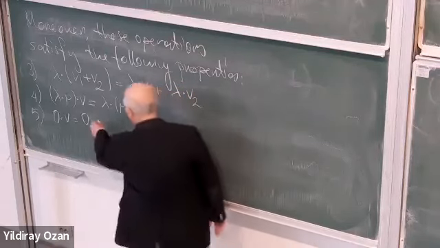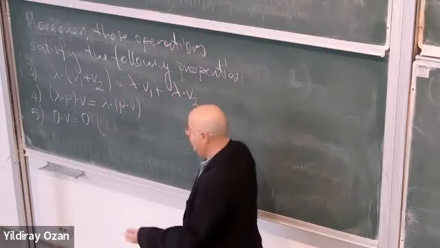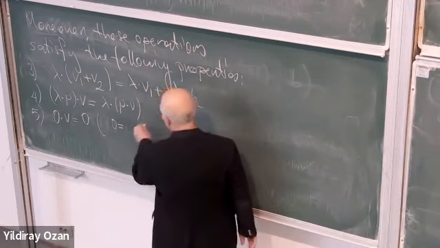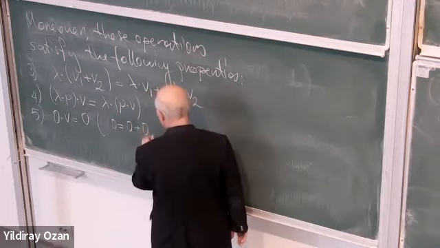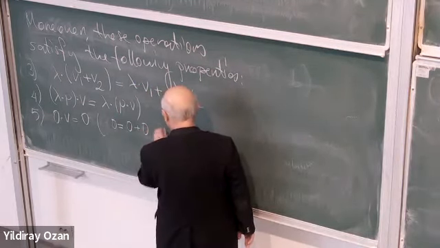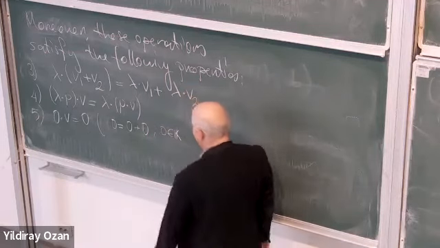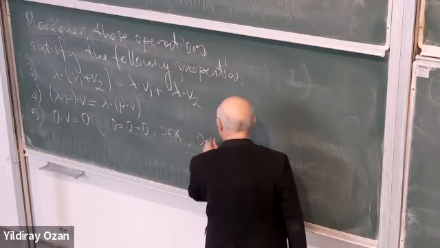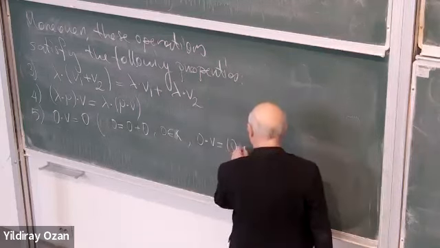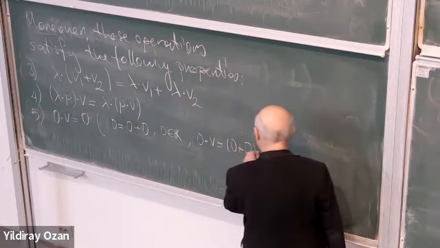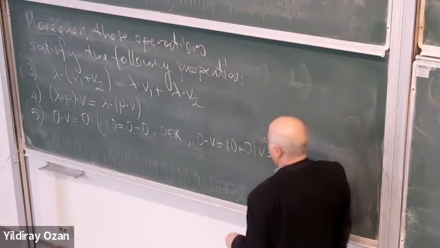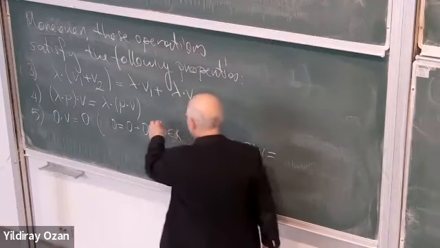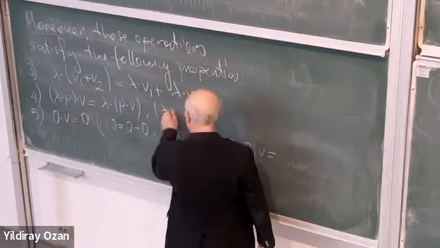We can prove this. How? Well, you see, 0 of the field is equal to 0 plus 0, right? Here 0 is the 0 of the field. Therefore, 0 times B is just 0 plus 0 times B. I should write this.